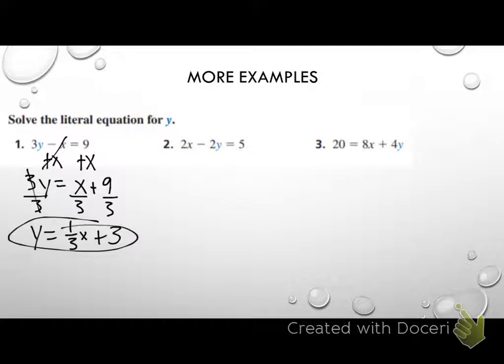Number 2. It's my first step here. I could add 2y to both sides. Get 2x equals 2y plus 5. Now what would I do?